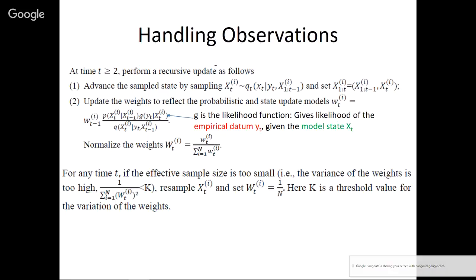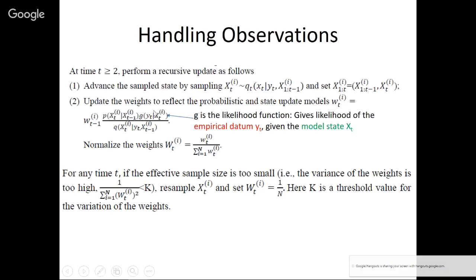As a result, g of t, the likelihood function, will be very small, and the numerator will have something very small multiplied by it. The whole quotient here will be small, and the weight after time t will become much smaller than it otherwise would have been if they were highly consistent.